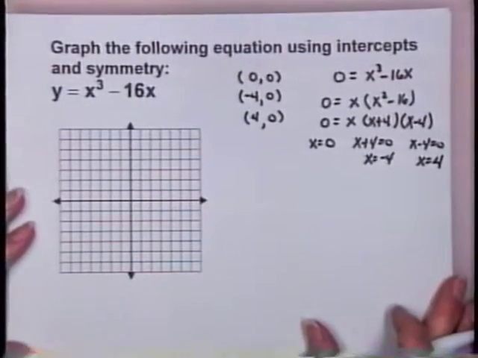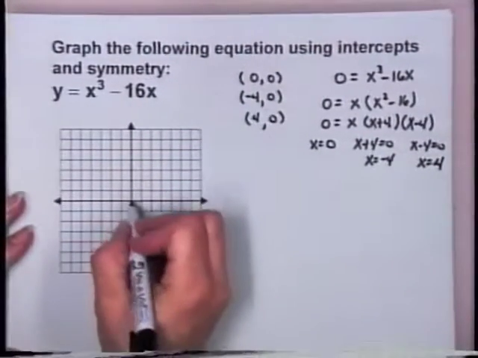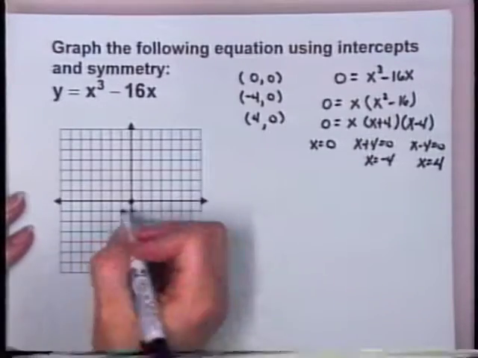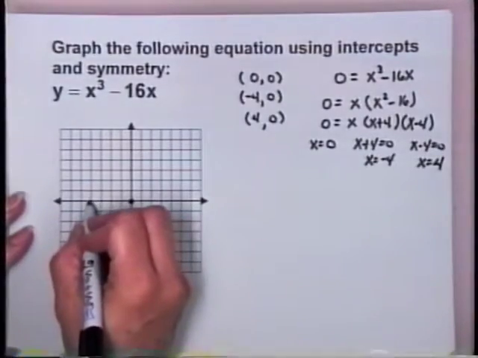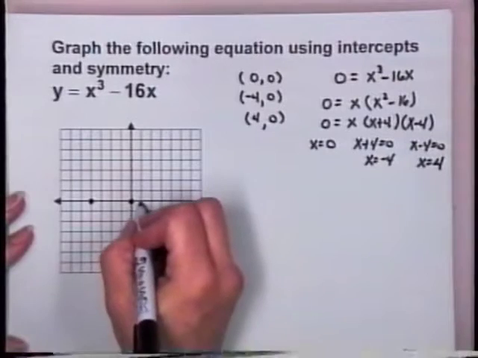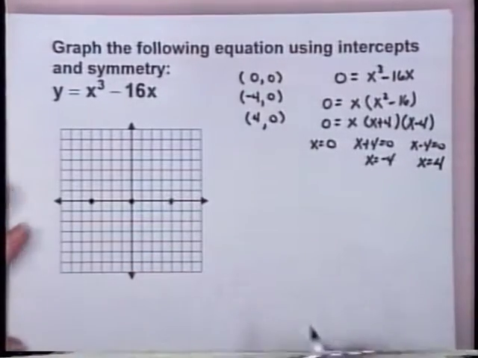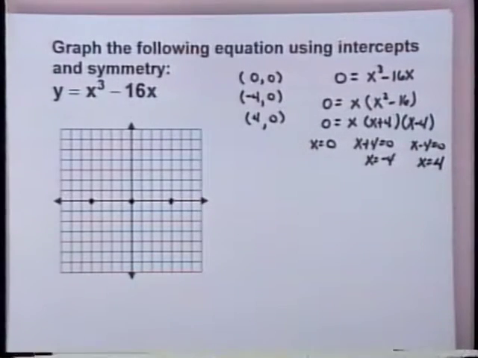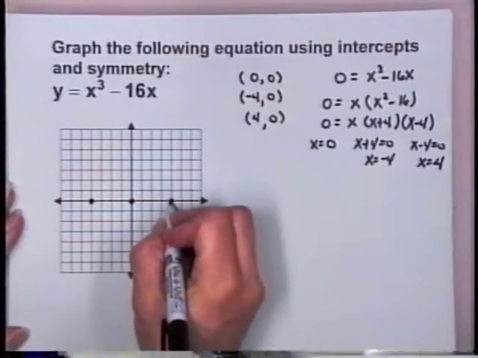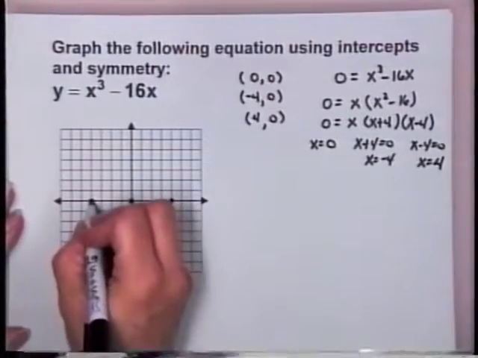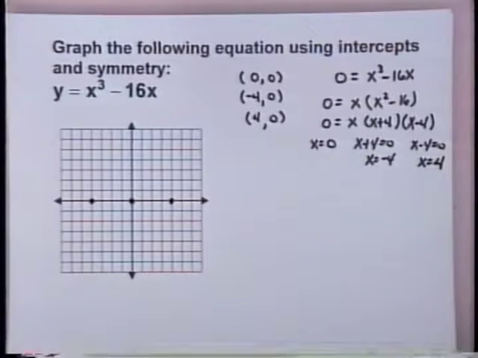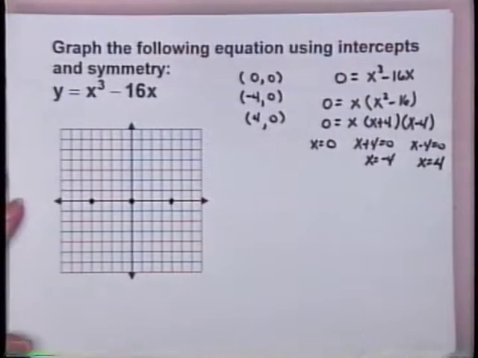Okay, so I have 3 intercepts. Let's go ahead and locate those intercepts. I have 0, 0, negative 4, 0, and 4, 0. Okay, so I have those 3 points. Now, I know that these are the only places that my graph will touch or cross either of these axes. So I know not to cross any other place besides these points.